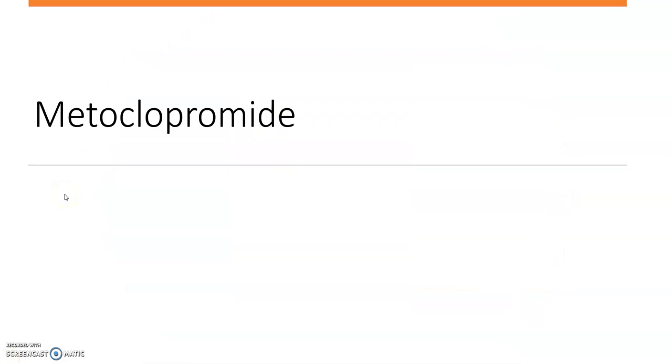So we're going to talk about metoclopramide, which is a drug used for vomiting. What is the mechanism of action of metoclopramide? Metoclopramide belongs to the same group as domperidone.